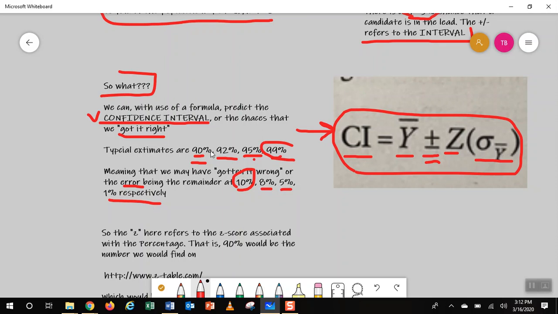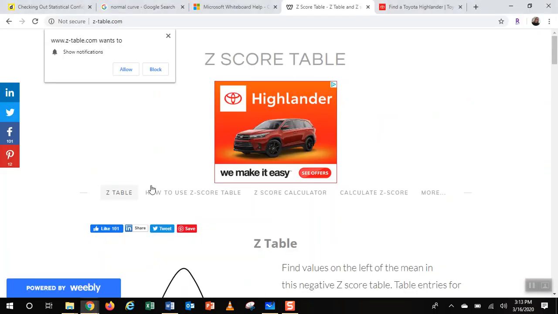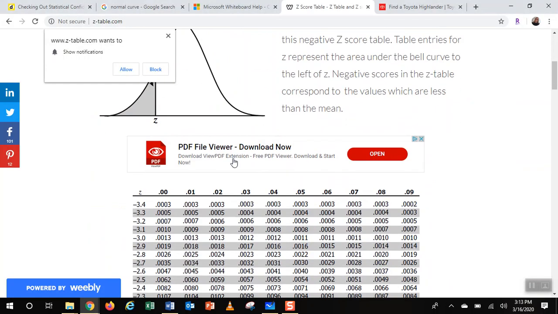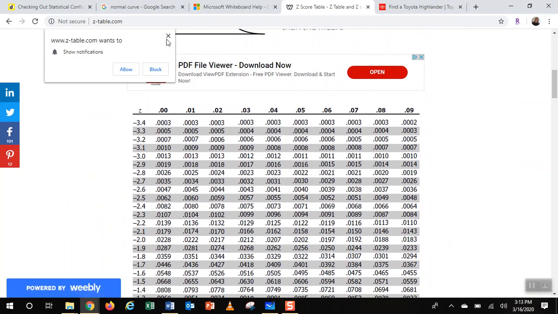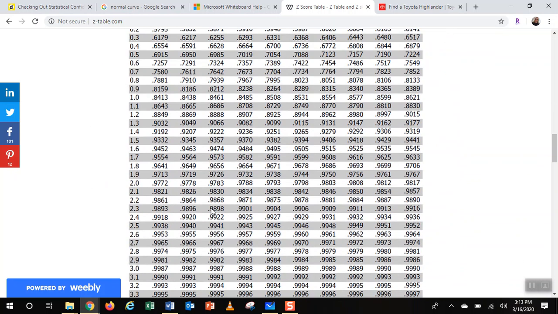The reason we're thinking about this goes back to our ztable.com idea. If you want to pause and open this website up again, it's the nice little z-score table we were using last week. When we say 90%, we want to look in here and find the area that's closest to 90%.